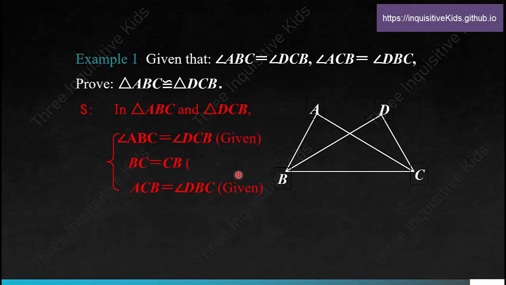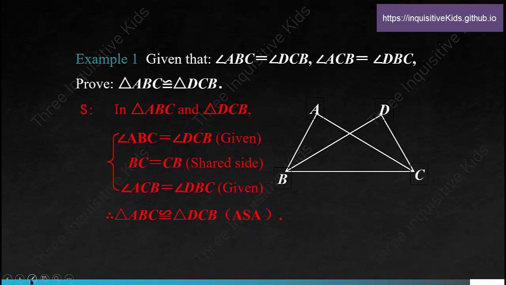BC is equal to CB, this is their shared side. And angle ACB is equal to angle DBC, that's also given. So triangle ABC is congruent to triangle DCB because of the rule ASA.